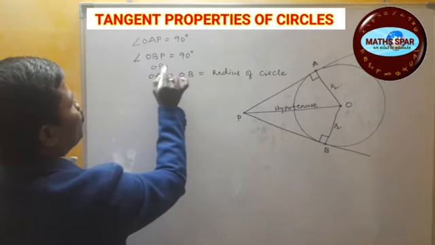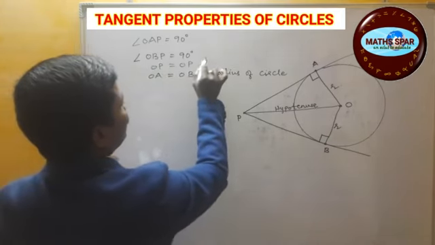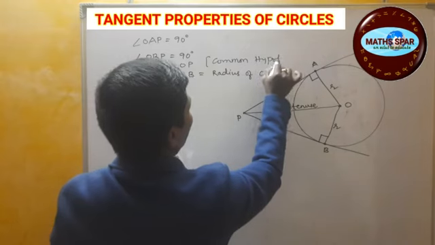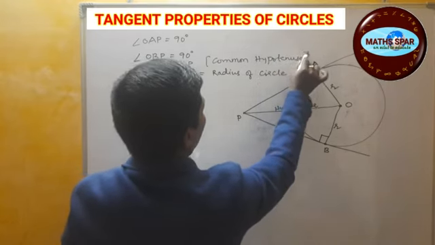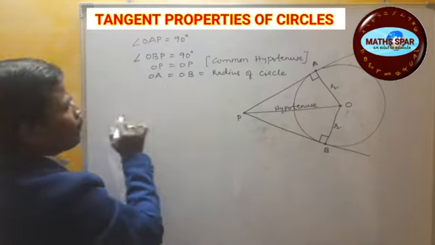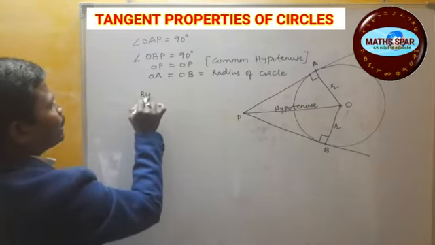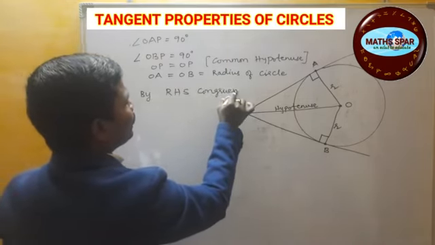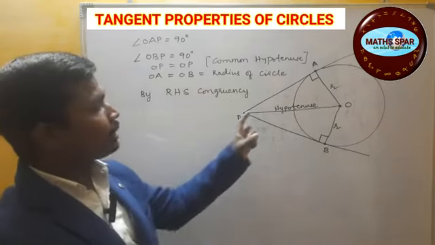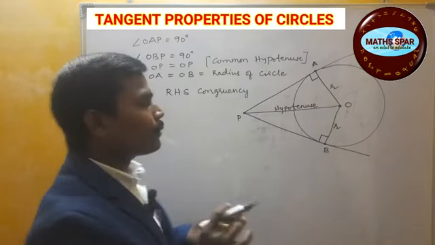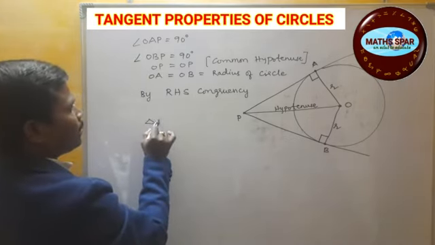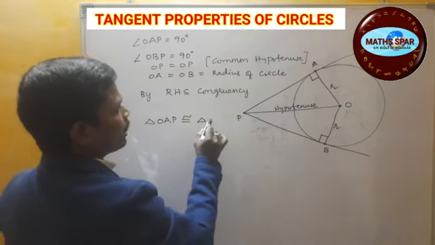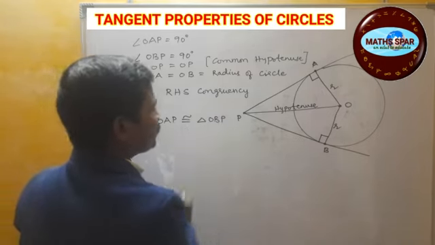So here we write OP is equal to OP, common hypotenuse. So by right angle hypotenuse side congruency, these two triangles are congruent to each other. That is, triangle OAP is congruent to triangle OBP.